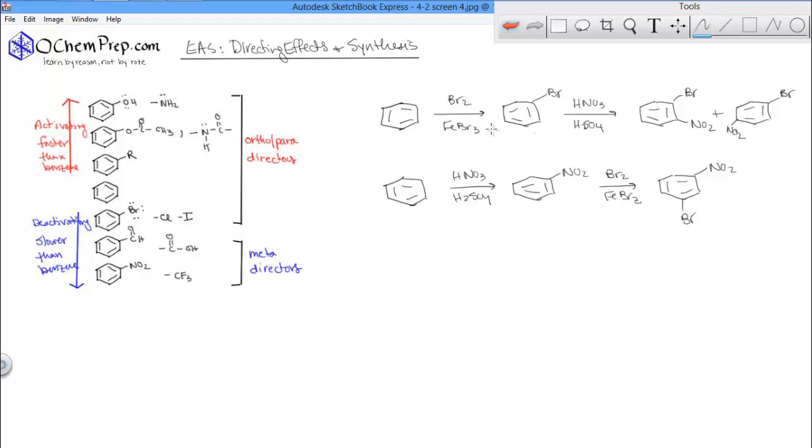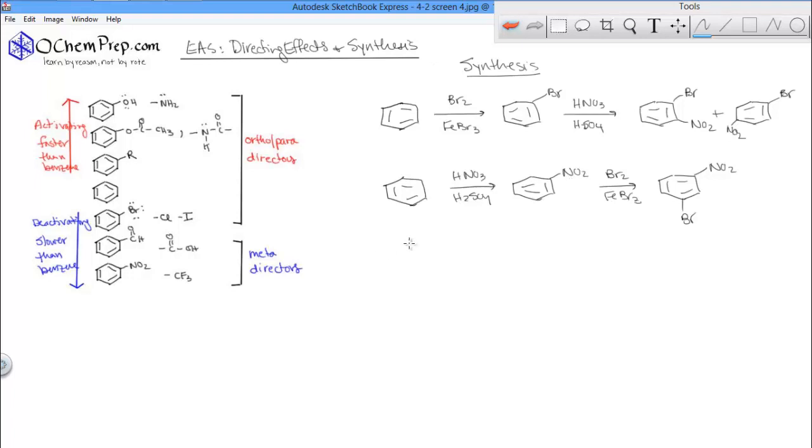So it's important to understand the order in which you add groups to a ring. So these are what we call synthesis problems, where we will look at trying to figure out which order to add the substituents.